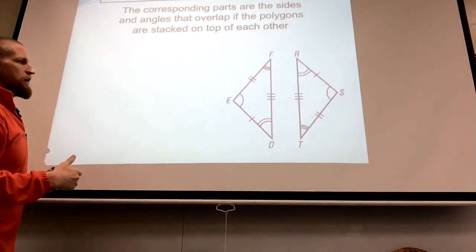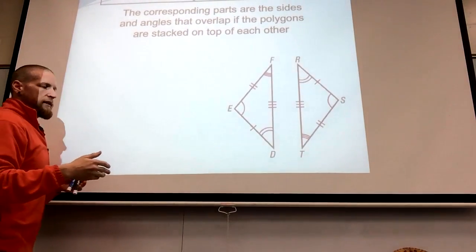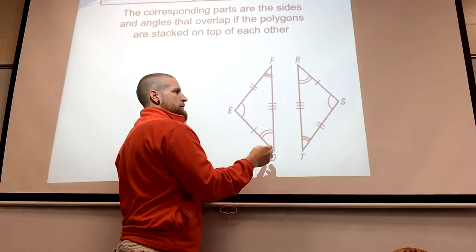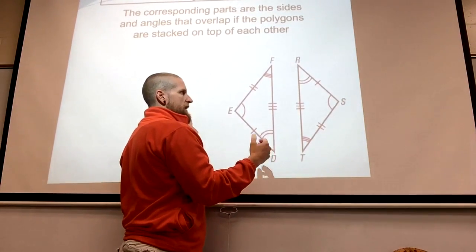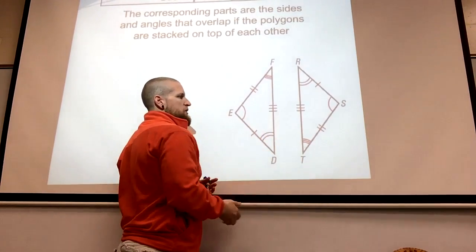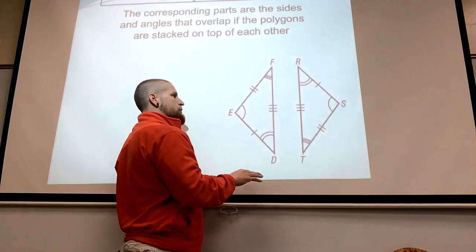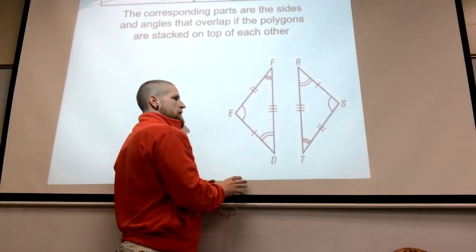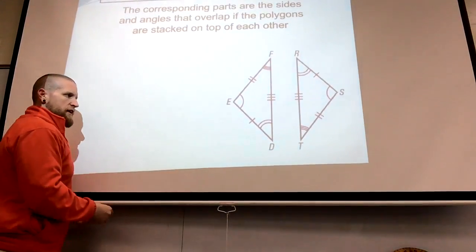Okay? So if the problem came out and they had these two pictures there, and I said, are these two shapes congruent to each other? Like that was the entire problem. Right? You had two shapes, and the question was simply, are they congruent?